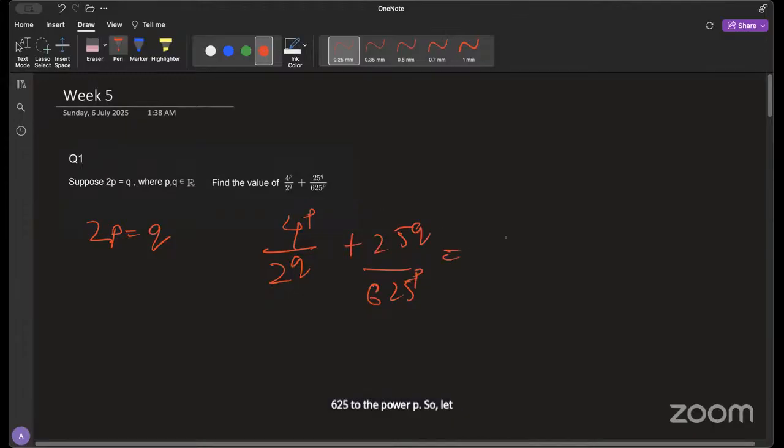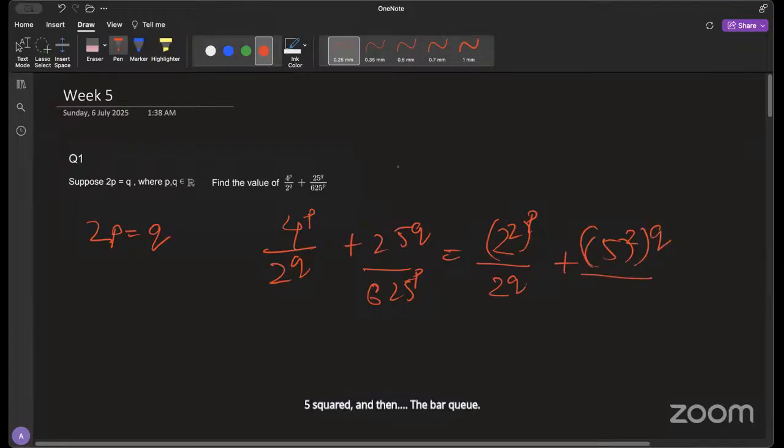So let's write this as (2^2)^p by 2^q plus (5^2)^q. No, let's not do this. Let's change the 625 instead.